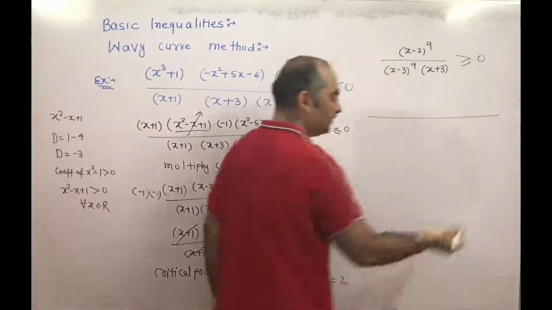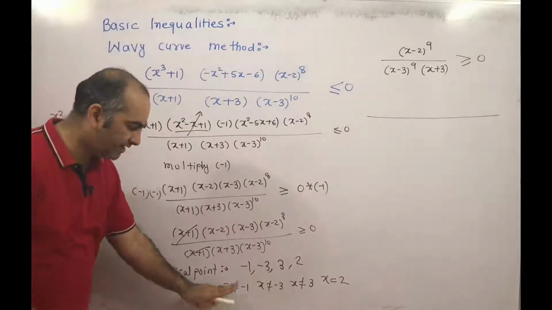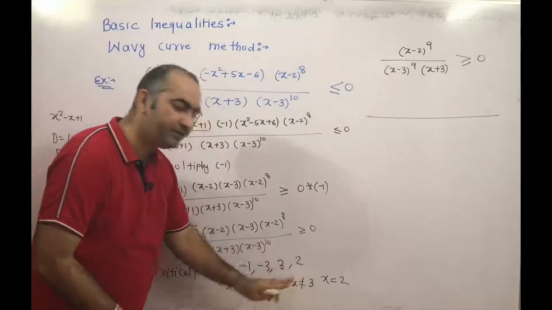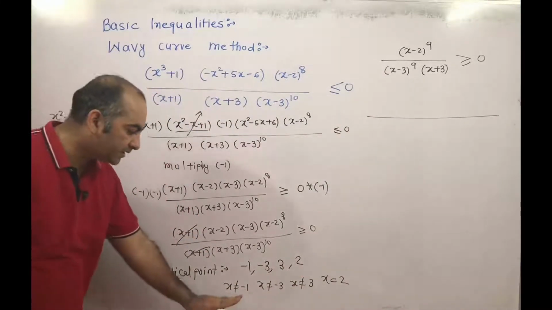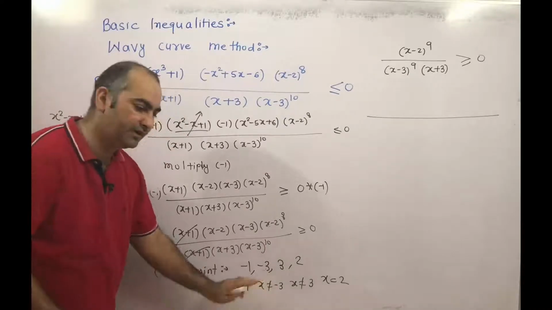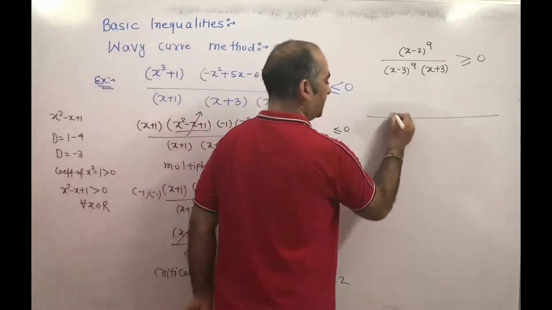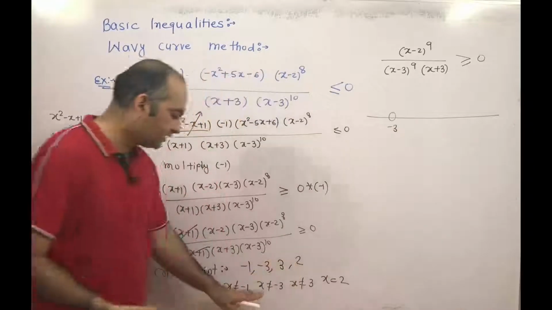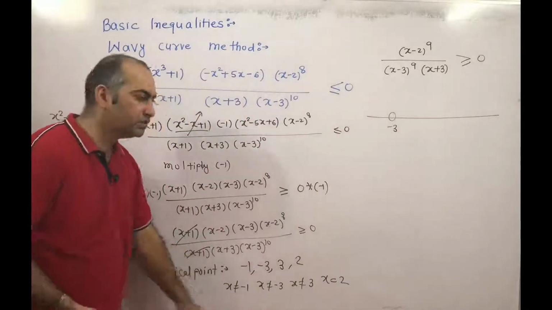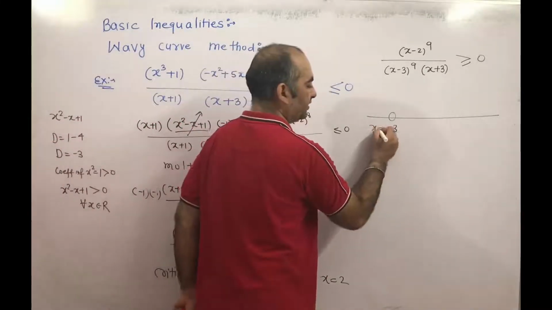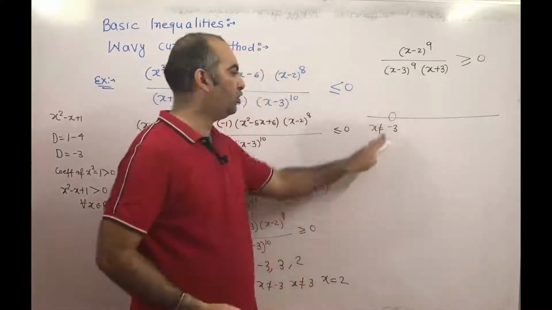So now what we will do? We will draw these critical points: minus 1, minus 3, 3 and 2. First x minus 3: minus 3 is not equal to, so x should not be minus 3, and here we write an open circle.